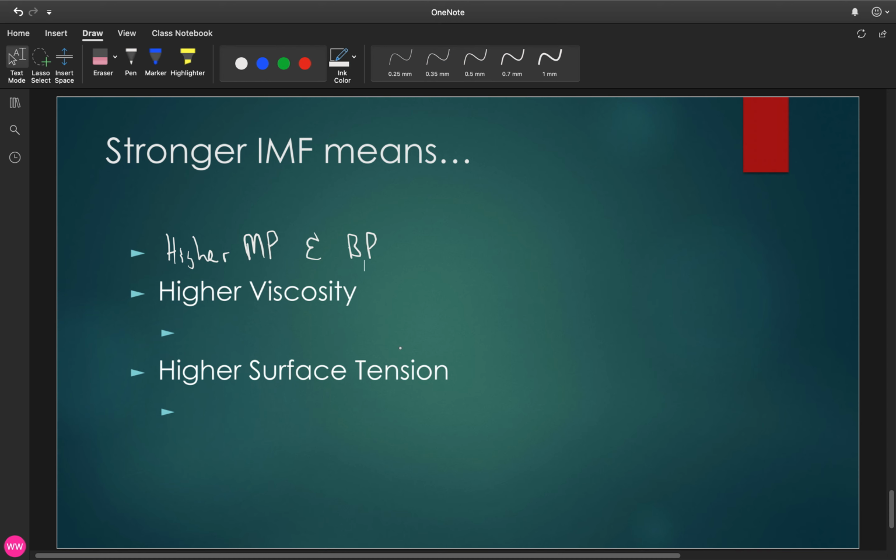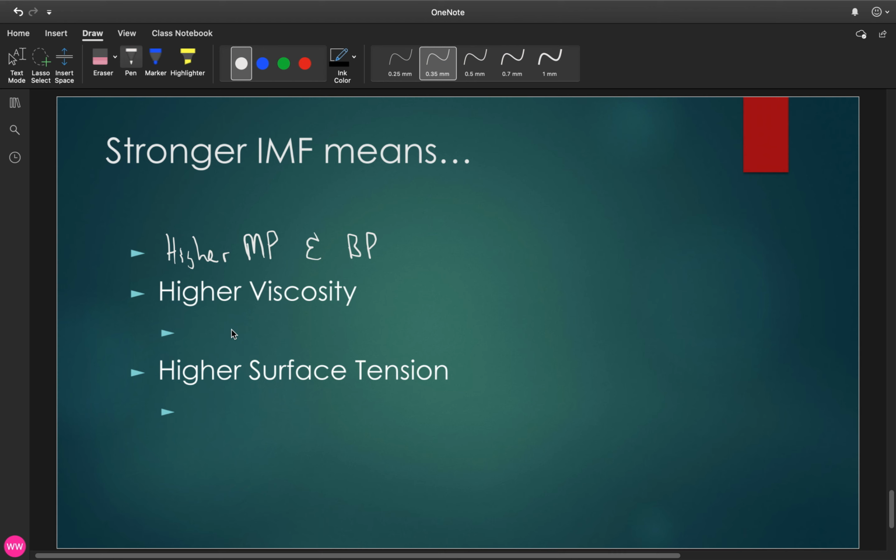Now, with these melting points and boiling points being higher, the particles are very attracted to each other, so they don't want to exist in the liquid or gas phase if they have strong intermolecular forces. If the particles are really attracted to each other, they're going to prefer to exist in the solid phase. Whereas particles that have maybe weaker London dispersion forces are going to exist in the gas phase, for example, the noble gases.